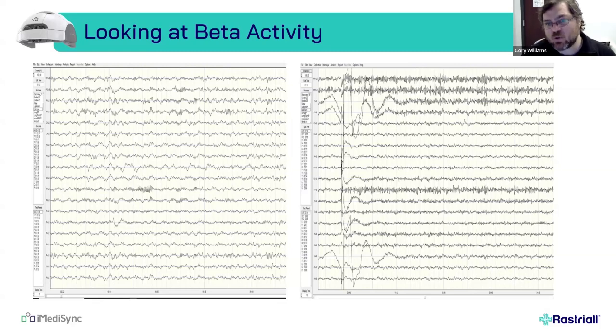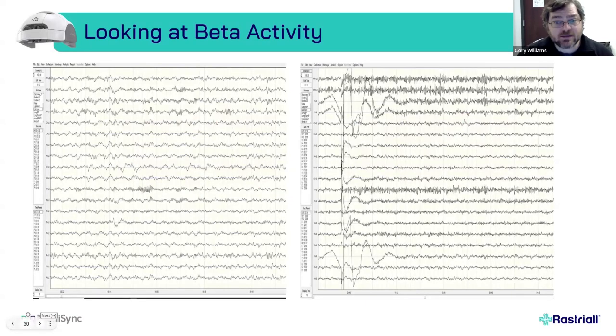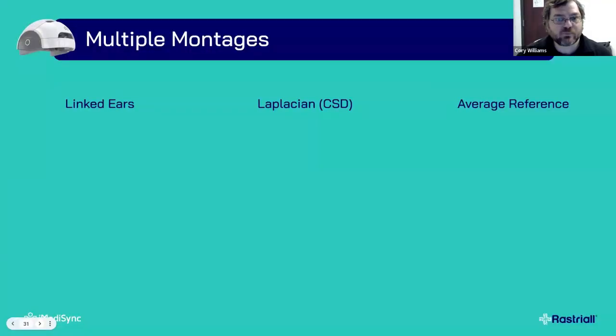On the right, what we have is just muscle artifact. It's a lot of muscle tension. It's a person who can't relax their forehead. So I'm going to go back one slide so you can see these maps look similar, but their brains look very different. And we don't get to know that unless we look at the raw data first. So it's a really important step when we do these EEG assessments for our clients.